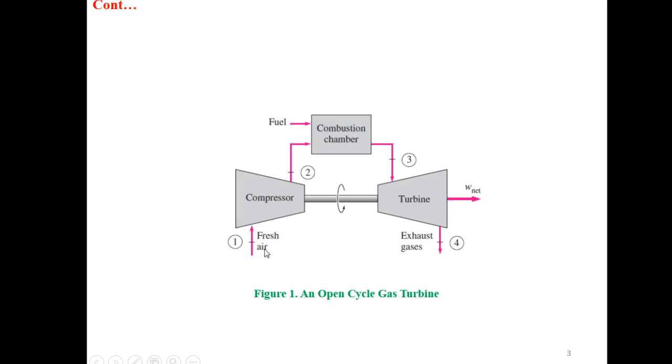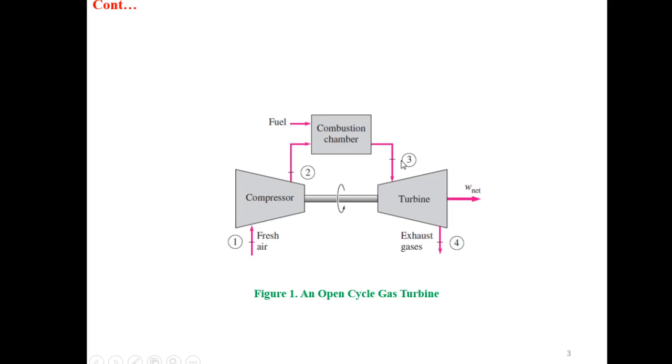Fresh air at point 1 enters the compressor, where it gets compressed, and at point 2 we get high temperature, high pressure air. Now this air enters the combustion chamber, where burning of fuel takes place, due to which the temperature of this air at point 2 will increase.